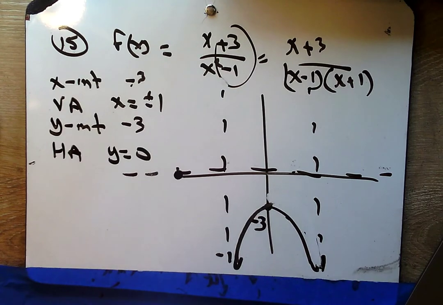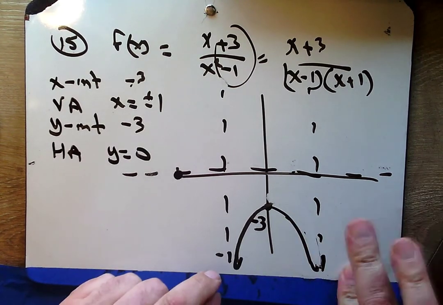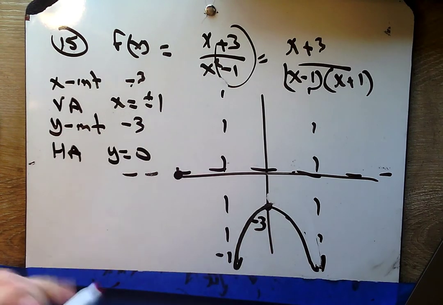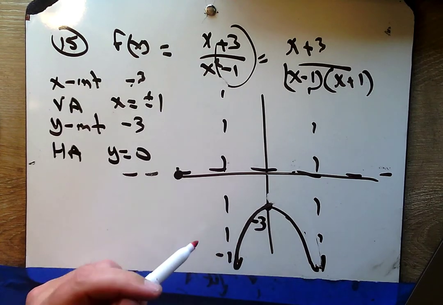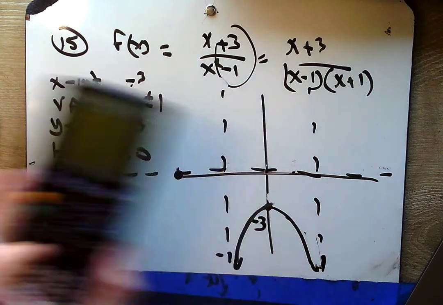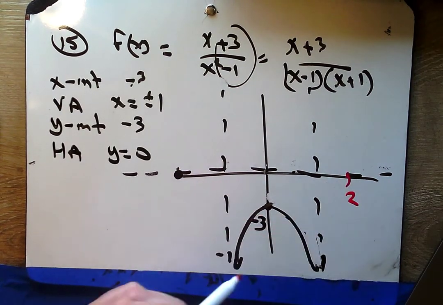Yeah, I mean, if your mom's life depended on it, you might want to plot some more test points. But by the time we know calculus, we'll have a nice calculus-y way of figuring out what this graph looks like very, very precisely. But in this century, we could also just graph it on our calculator. Okay, so that's 1. I want to plot 2.